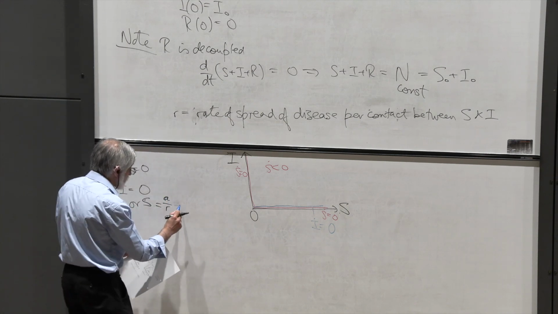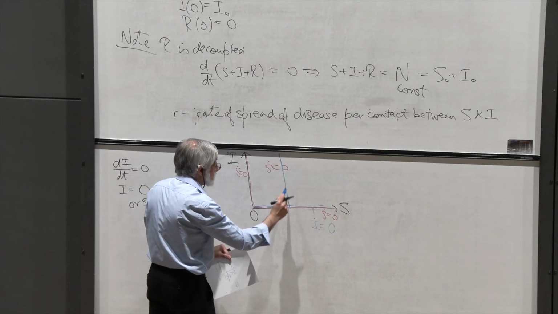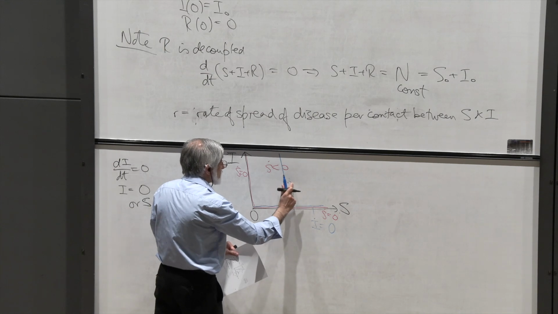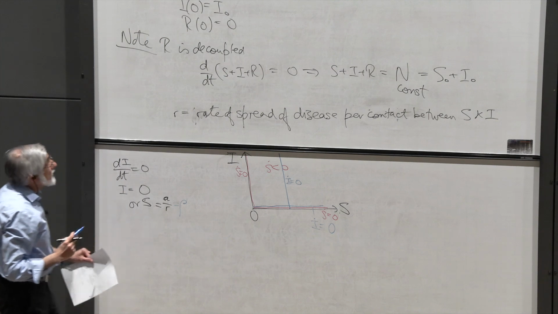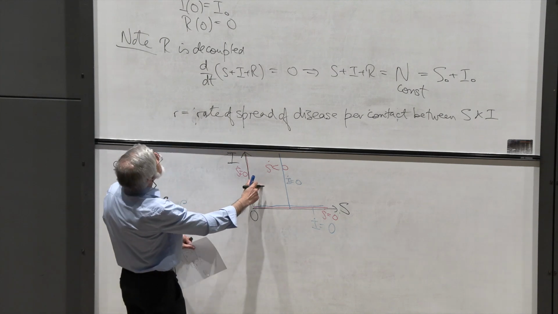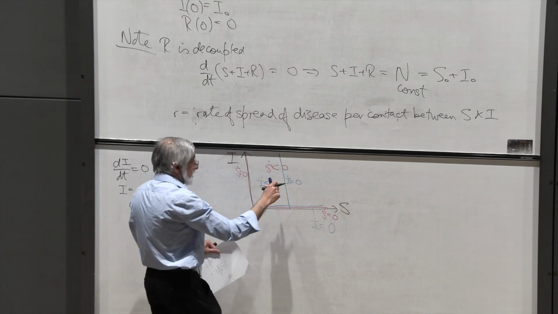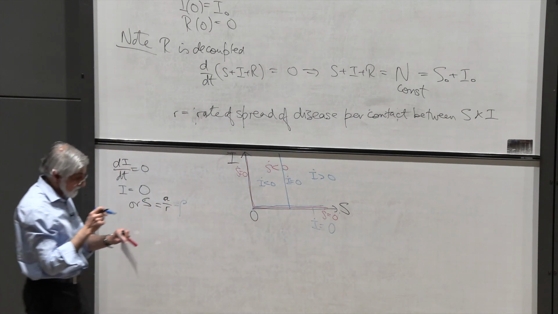Let's call this rho. That's going to be this line, I dot equals 0. So let's see, if S is very small, dI by dt will be negative. If S is very large, I dot will be positive.